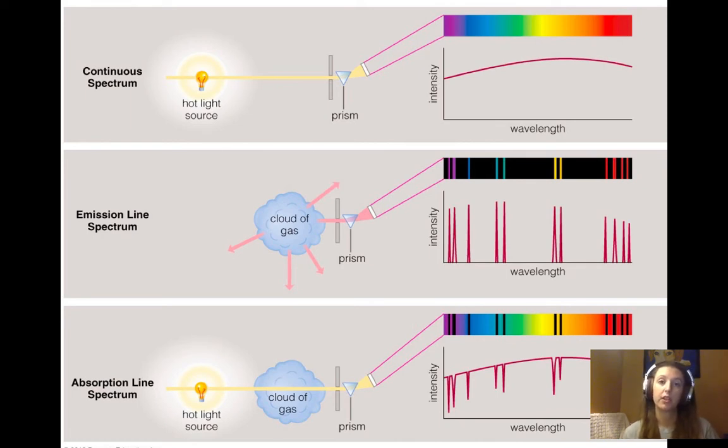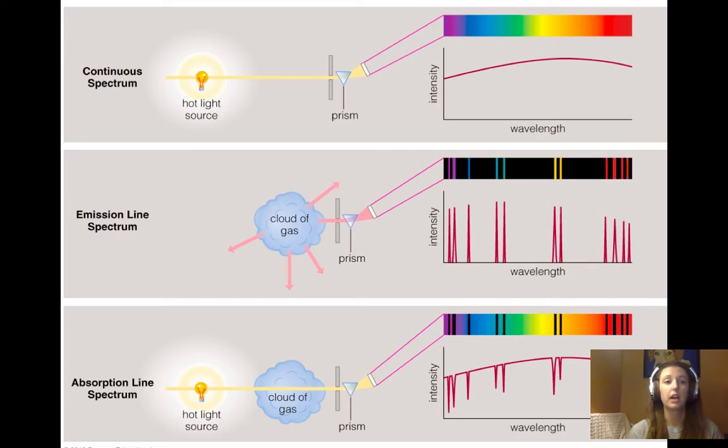We can also figure out generally how hot it is, or how hot different parts of it are. We can figure out what it's made out of. And in some cases, which will be the end result in part 2 of this particular activity, we can use it to figure out how fast something's moving. So first, I wanted to briefly talk about how we can figure out what it's made out of.